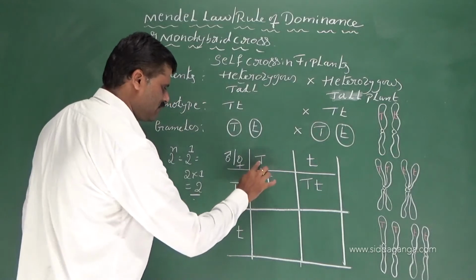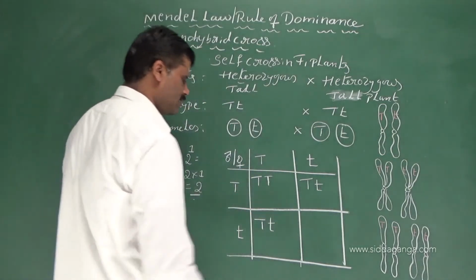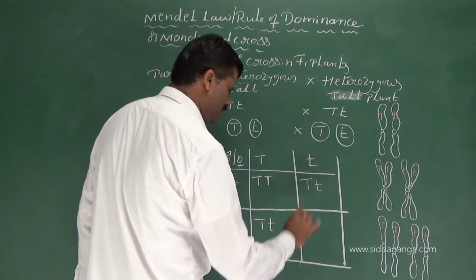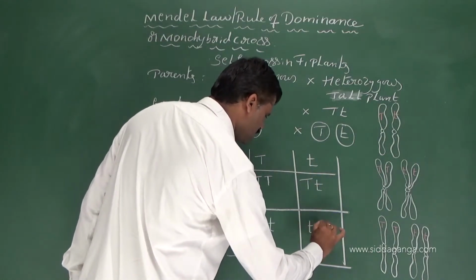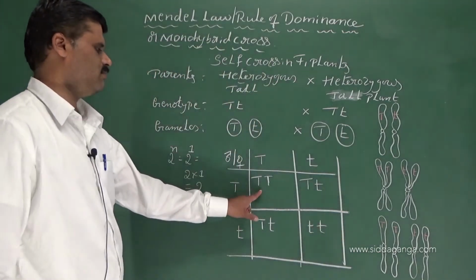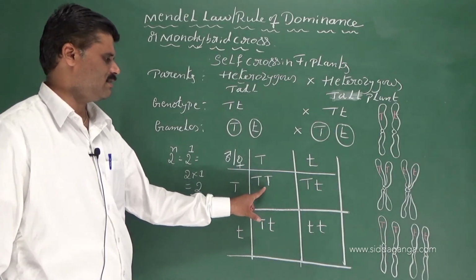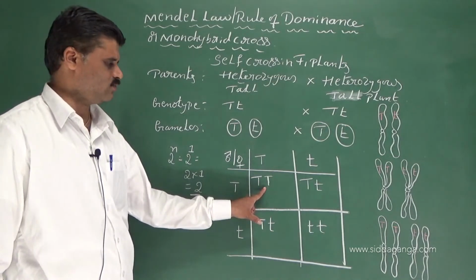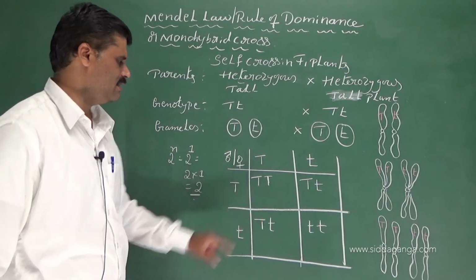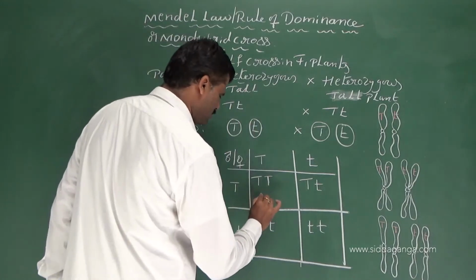This gamete meets with this gamete, then it is represented as capital T, small t. This gamete meets with this gamete, small t and small t. Okay, both are capital T means the paired genes for a character on homologous chromosomes containing capital T and capital T, that is nothing but tall.